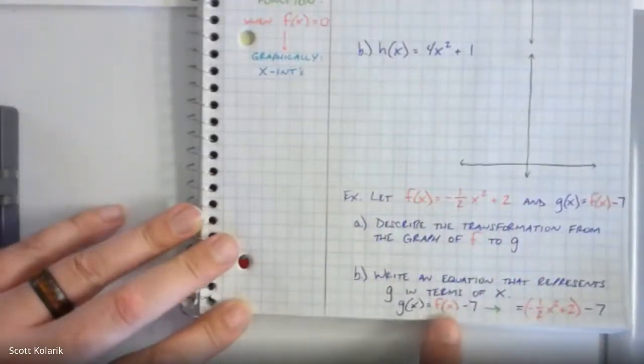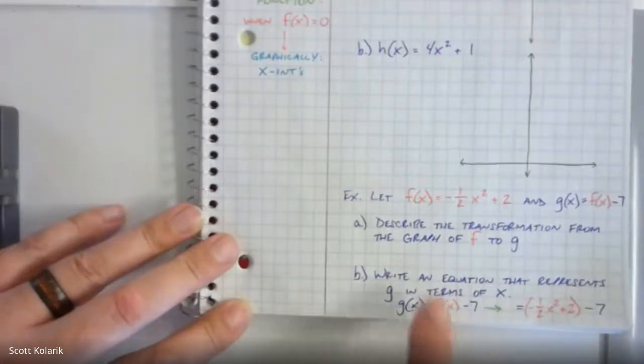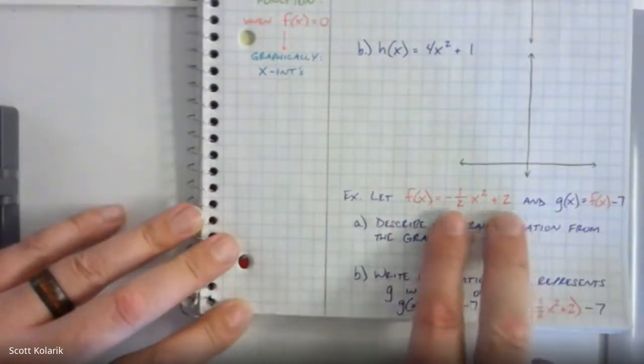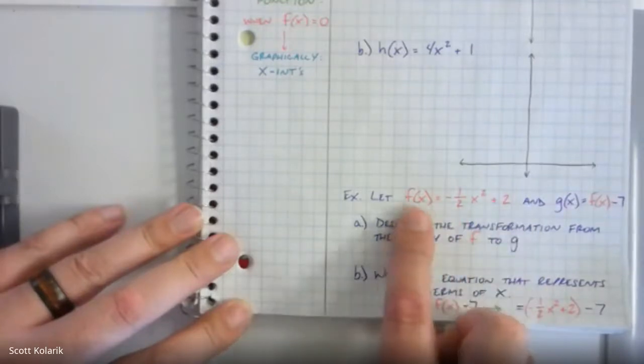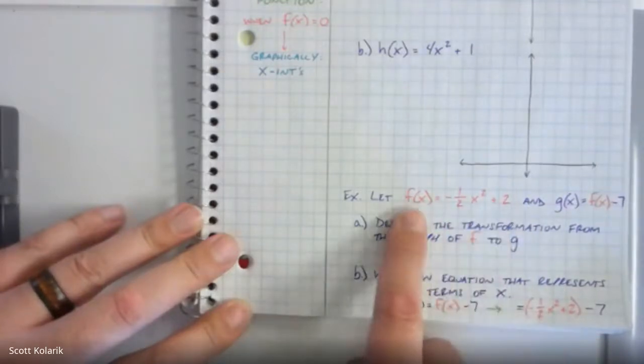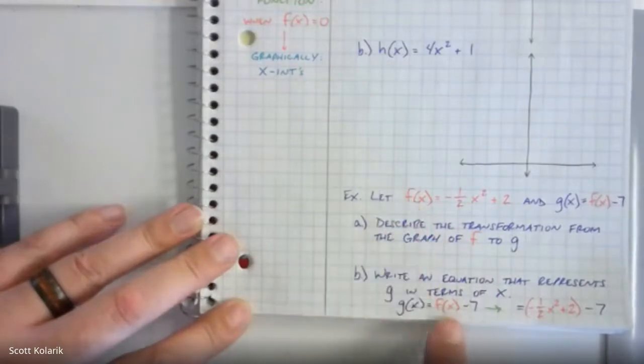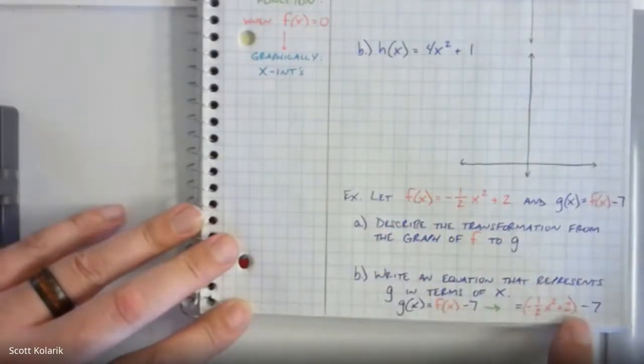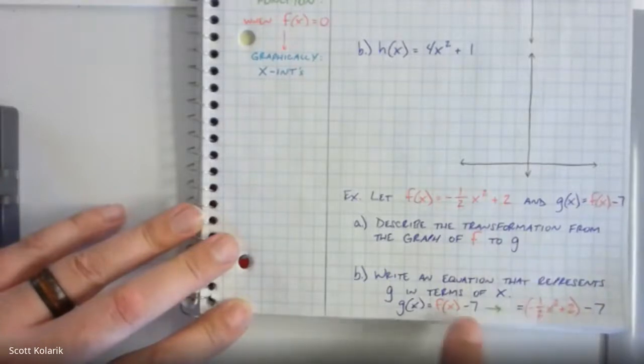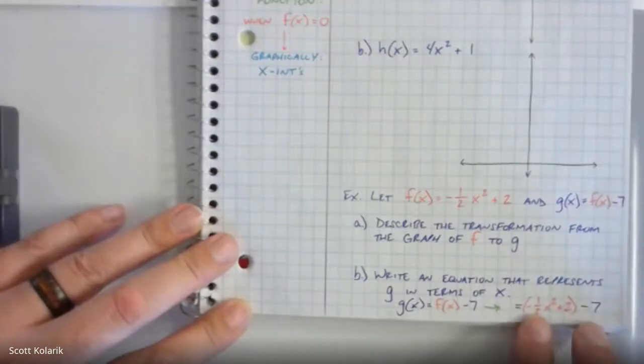What you would do there is, because f of x equals this negative 1/2 x squared plus 2, I can substitute or replace that f of x with its actual equation. Why? Because now when I subtract 7 from that equation, I can combine like terms and end up with the equation it's asking for.